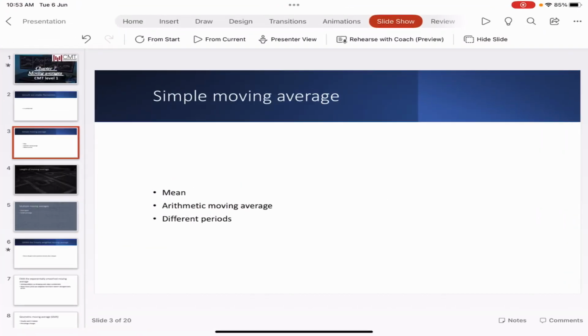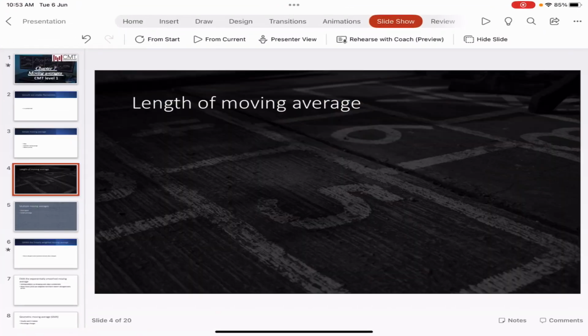Alright, moving on to the length of moving average. Now the length of moving average is something which I have already discussed, right? You know how you can choose the length of a moving average. The length of a moving average will basically show you how many candles are being considered in order to plot the moving average. When I say that I'm using a 200 moving average, that means the length of my moving average is 200.